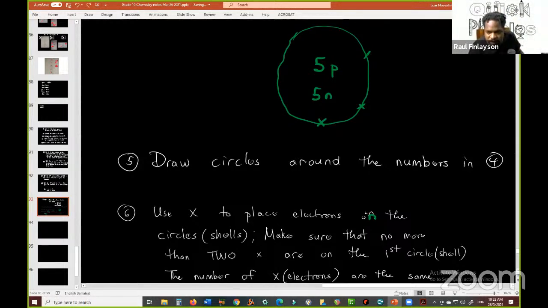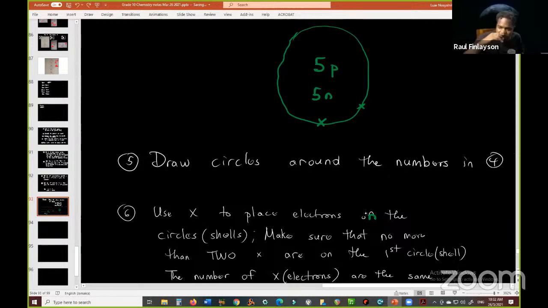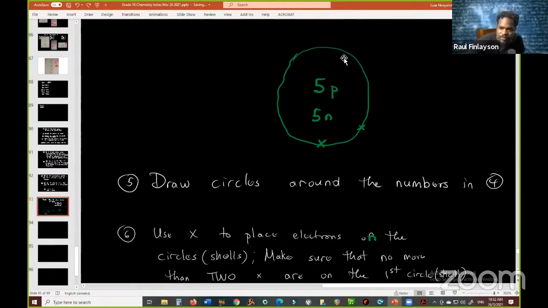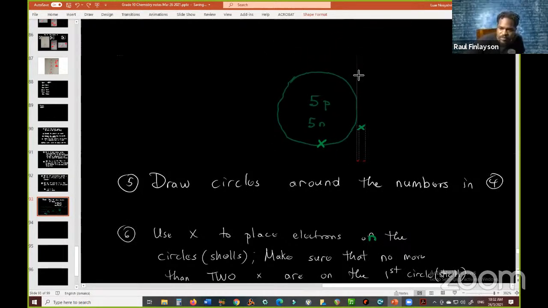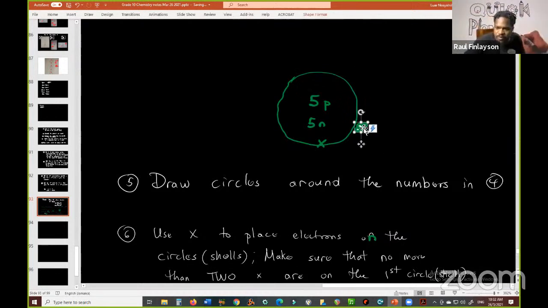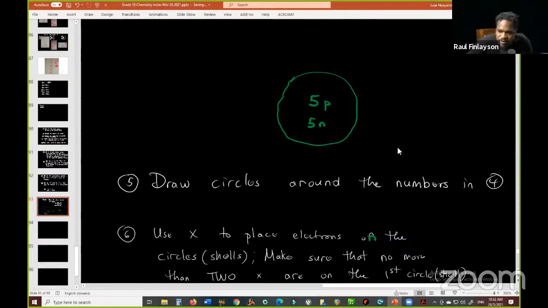So in other words, the first circle can't have more than 2. Once we put 2 on this shell, it is full. You understand?